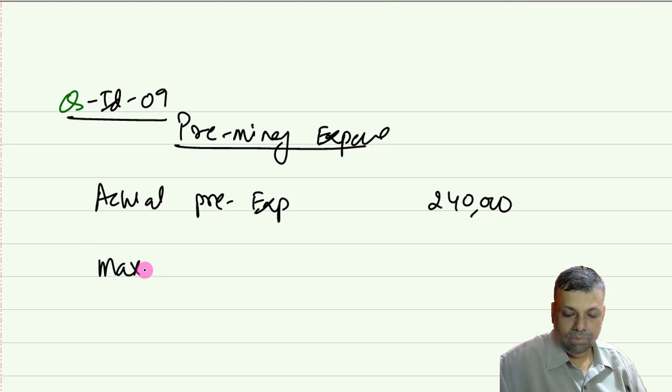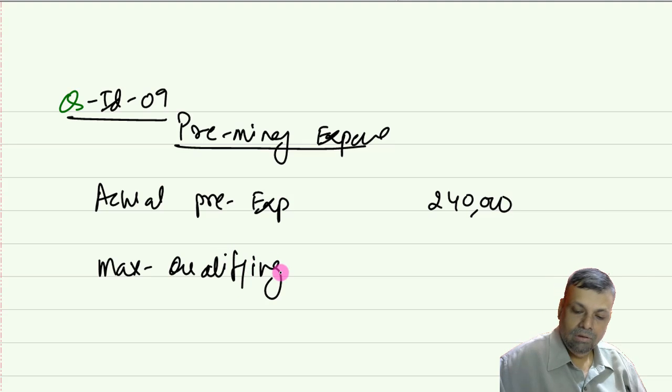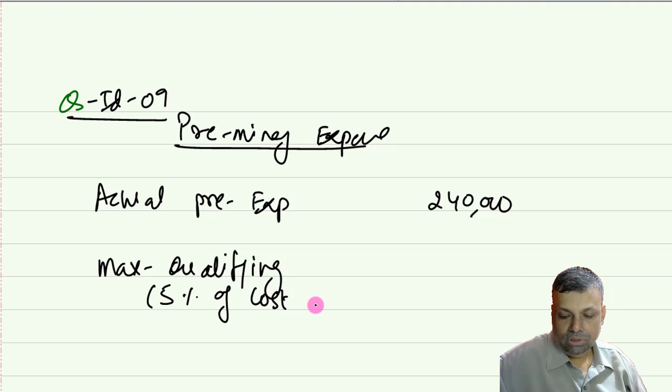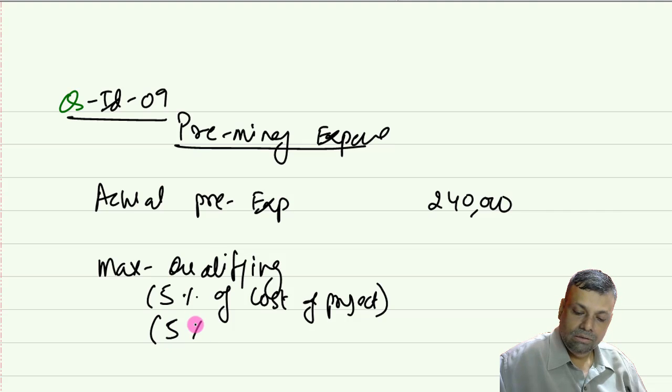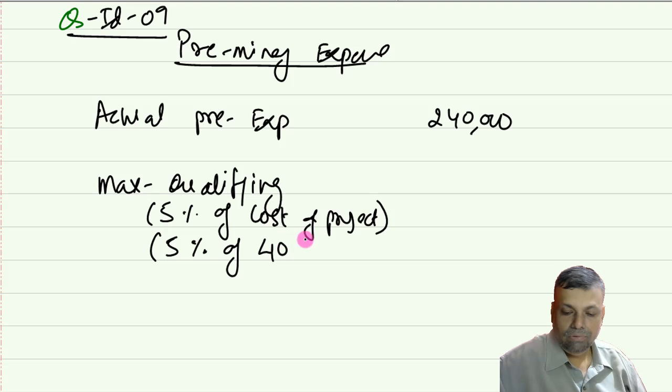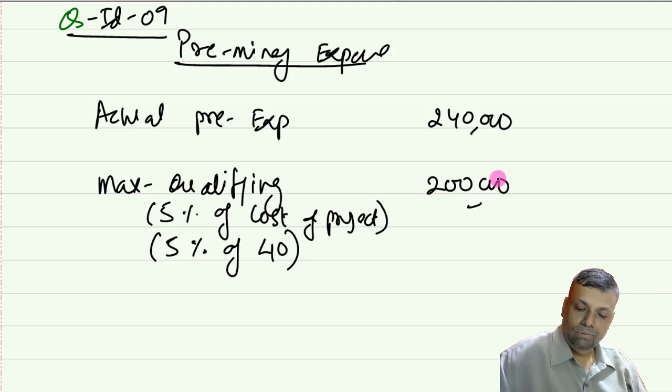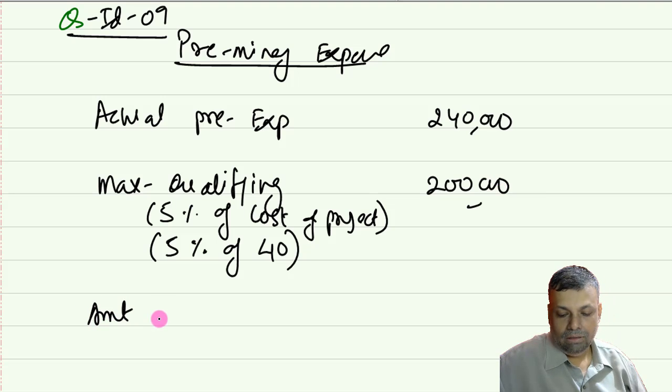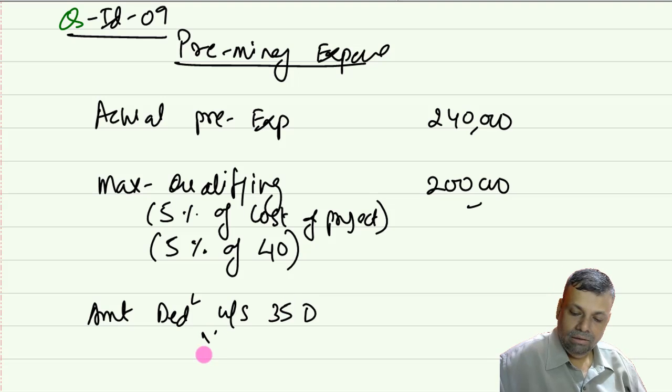Maximum qualifying is 5% of the cost of the project, that is 5% of 40 lakhs, which is already given to me. So maximum qualifying is 2 lakhs. And the amount of the deduction under section 35D is 1/5 for 5 years.